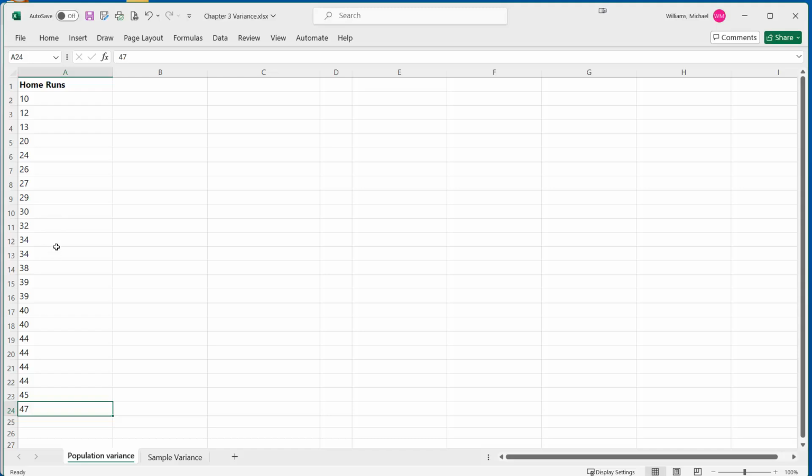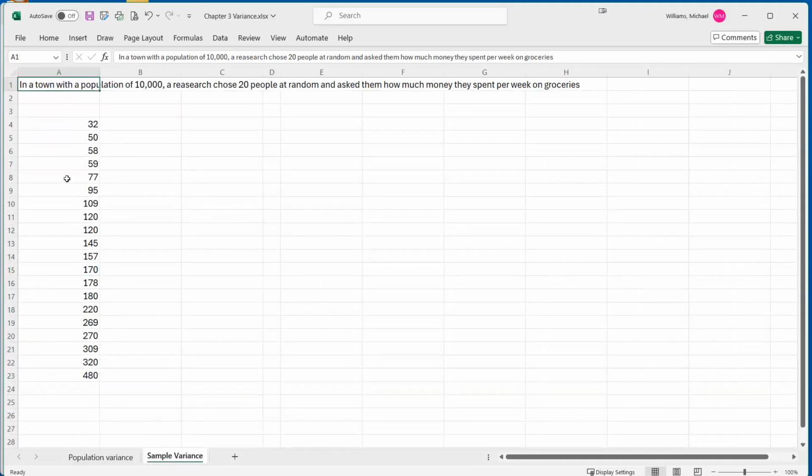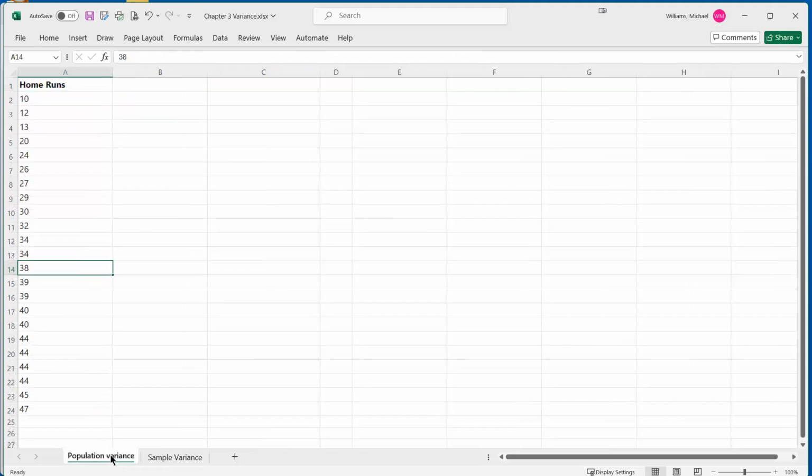Most of them are actually up toward the top, don't you think? The sample variance here, now I've ordered these from smallest to highest. I don't know if most of them are squished toward the middle or not. I think they are. But anyway, these measures of variance and standard deviation will give us that information.